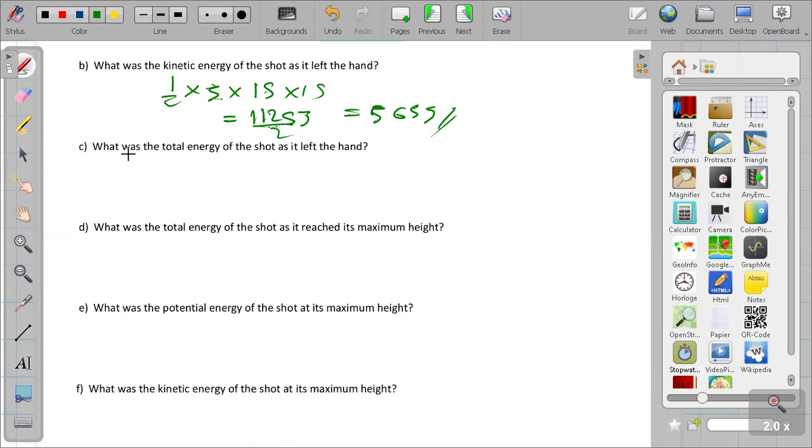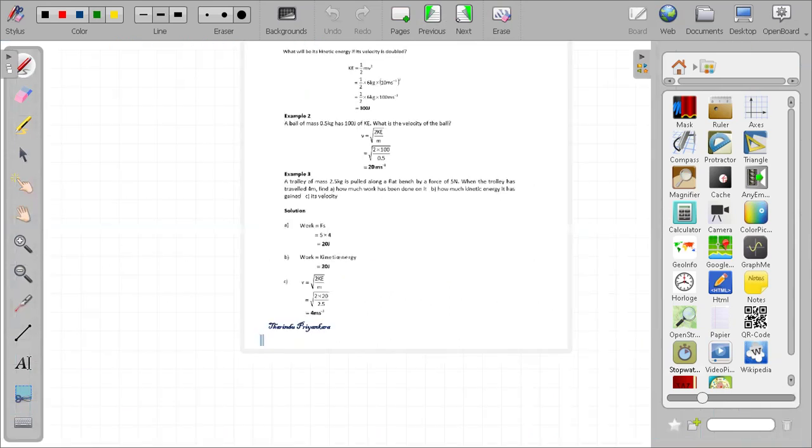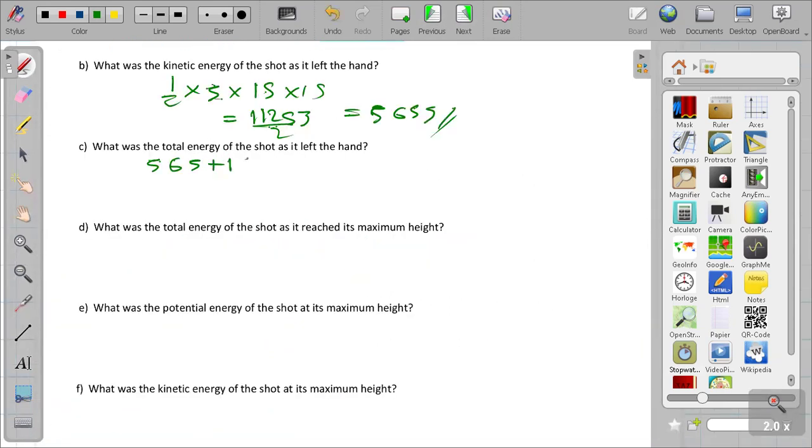What is the total energy of the shot when it left the hand? Total energy is the kinetic energy plus the previous one, 150, together.